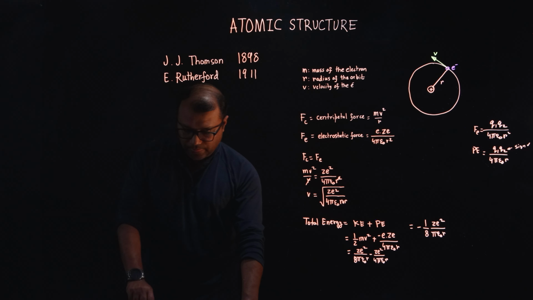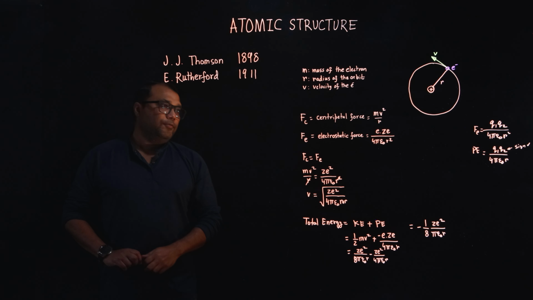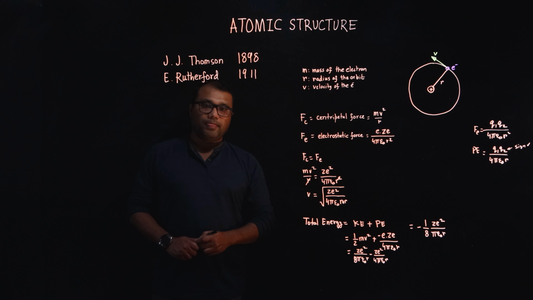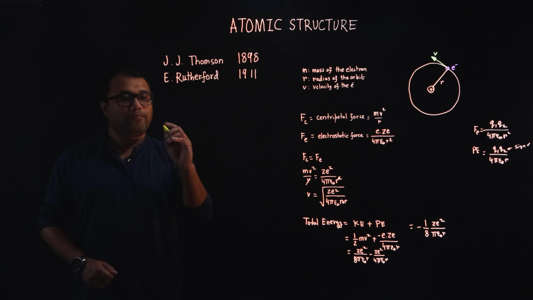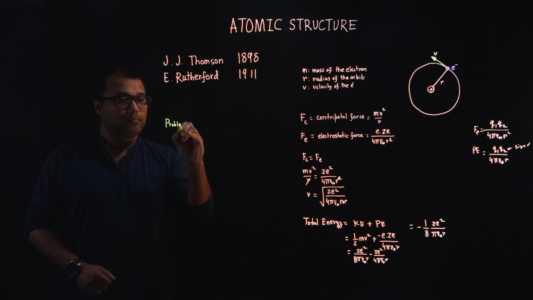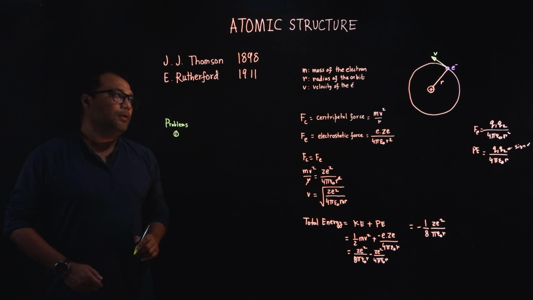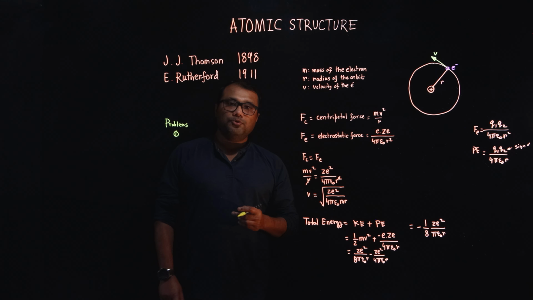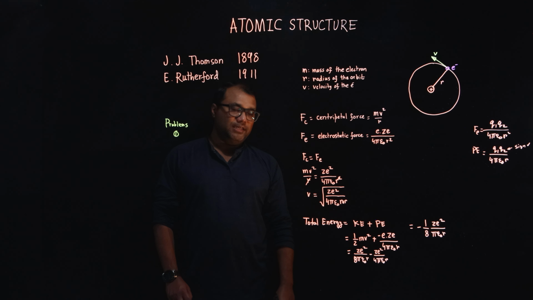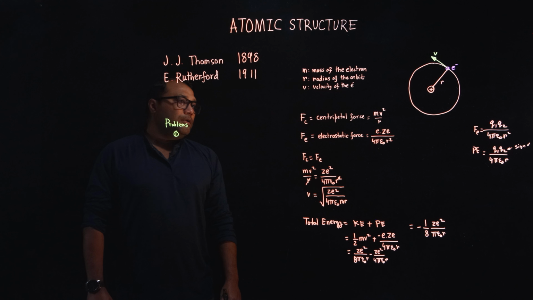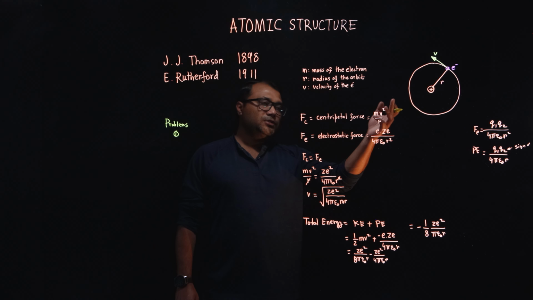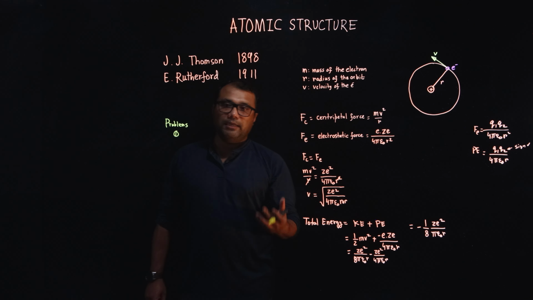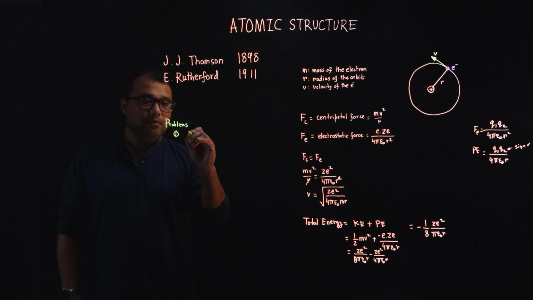So far so good, but very soon there were some problems discovered with this model. Problem number 1. Whenever there is a charged particle in motion, it is supposed to emit electromagnetic radiation, right? So if an electron, which is a charged particle, is in motion, then it must emit some electromagnetic radiation.